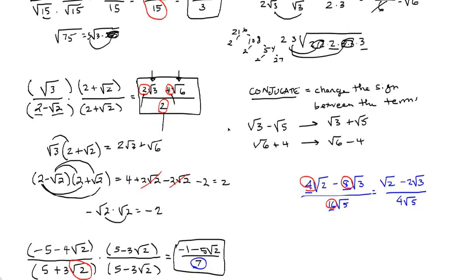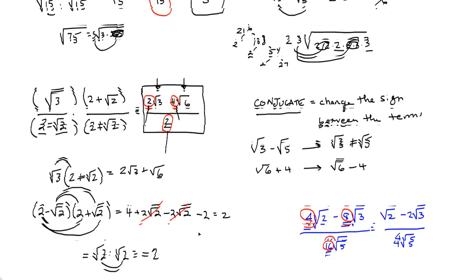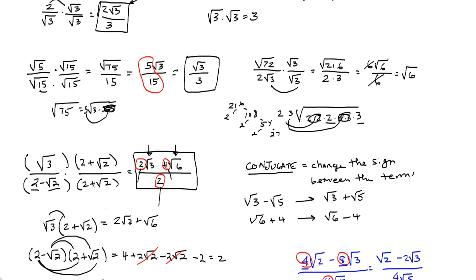Okay? And again, if you have a fraction in the denominator, you need to rationalize that denominator, either by, as we did up here, simply multiplying the fraction by the radical that's in the denominator, top and bottom. And by the way, that fraction equals 1, doesn't it?